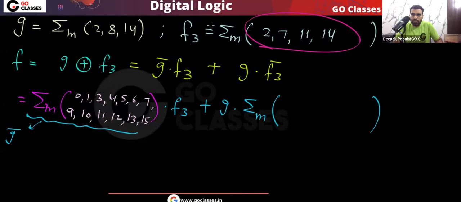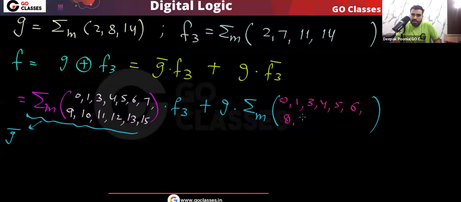So if I do the complement of the minterm list of F3, I will get 0, 1, 3, 4, 5, 6, then 8, 9, 10, 12, 13, 15.